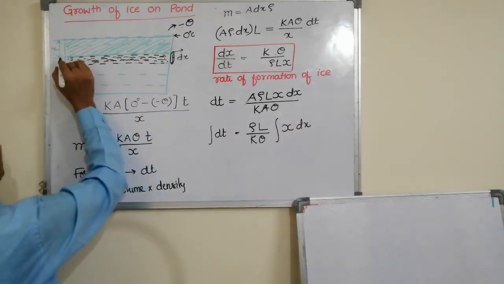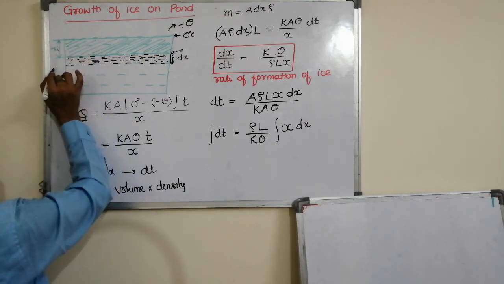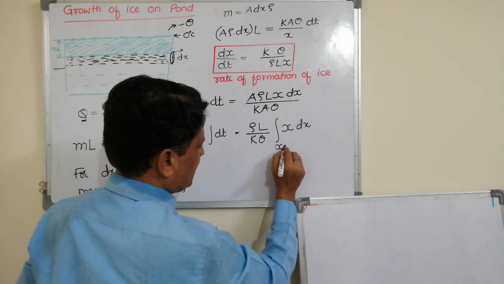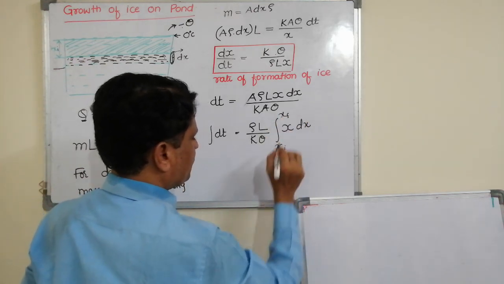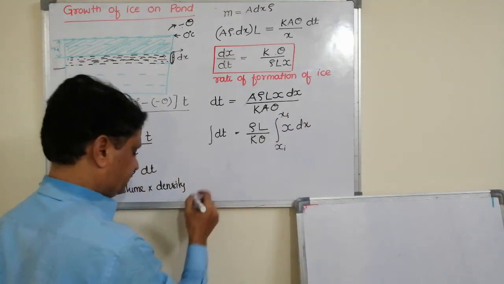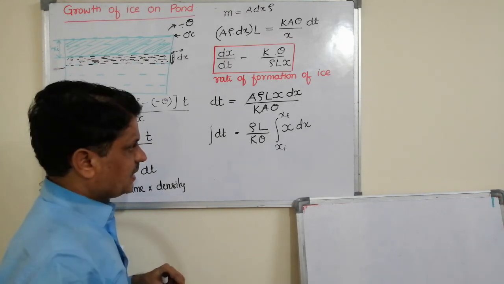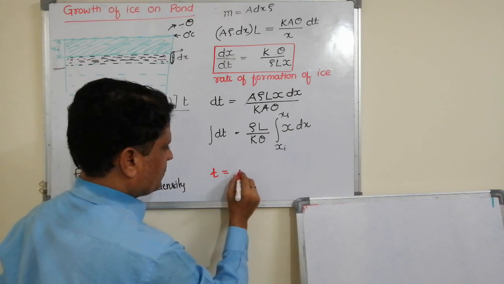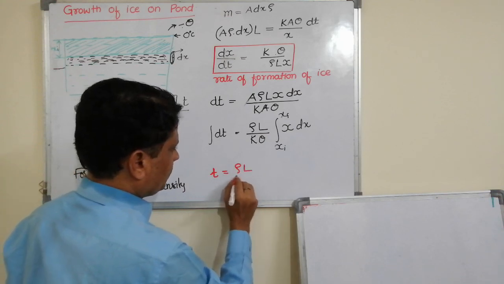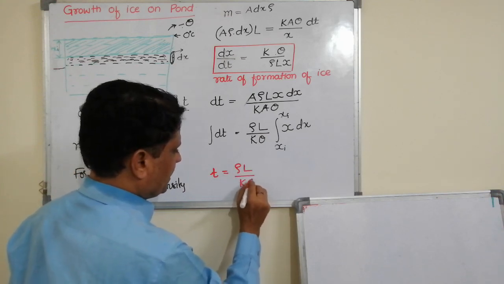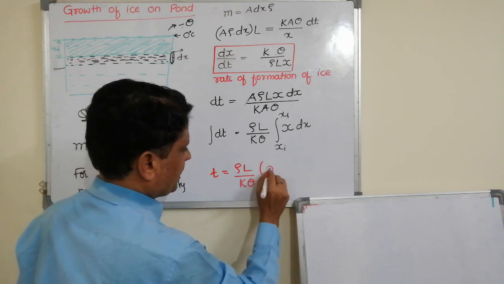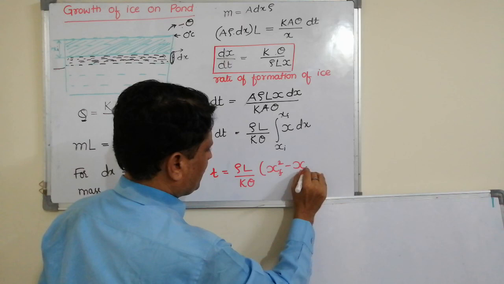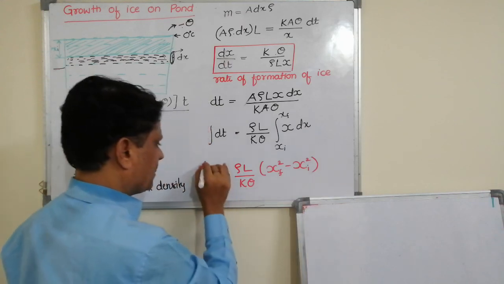Suppose the thickness varies from x initial to x final. The final answer will be t is equal to rho L by K theta, in brackets, x final square minus x initial square.